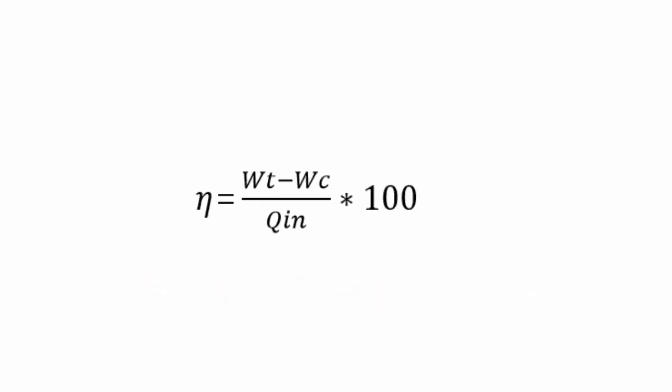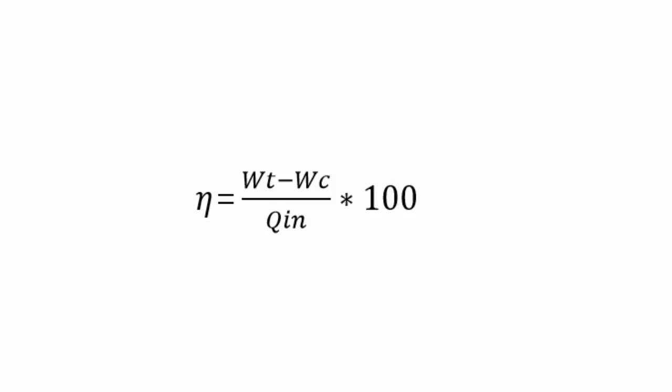We will use the formula of efficiency, which is, as you can see, work done of turbine minus work done of compressor divided by the total heat supply, into 100, which will give the value of efficiency in percentage.